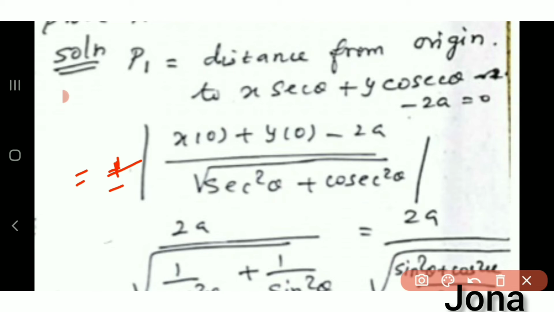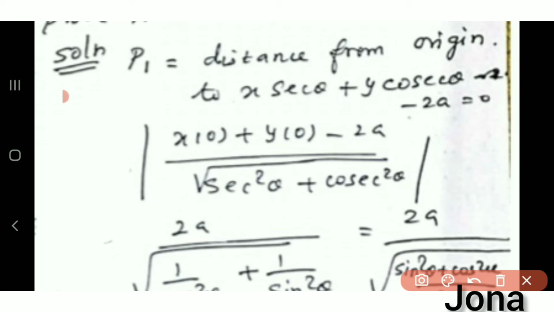So we can put this, that angle is 0 only, at the origin. So x of secant theta and y of 0 minus 2a divided by root of secant square plus cosecant square. At the numerator we have simply minus 2a.